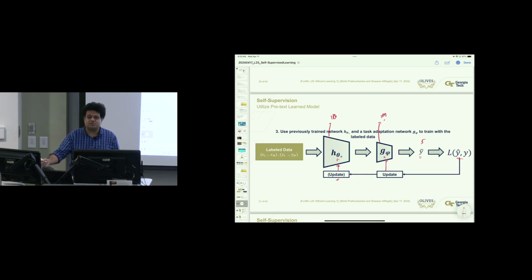Now I know I'm saying it's 1 million and I'm saying it's small, but it's more of a comparison, right? It's orders of magnitude less than the 1 billion parameter model. So I'll be able to train this 1 million parameter model based on a very small subset of labeled images that we have. So that essentially is what self-supervision is.